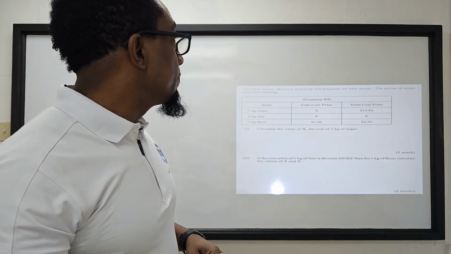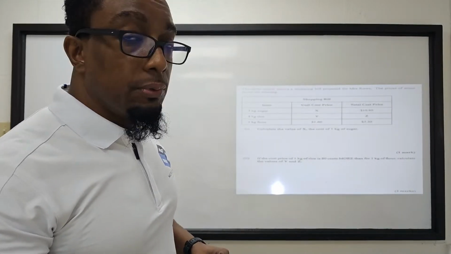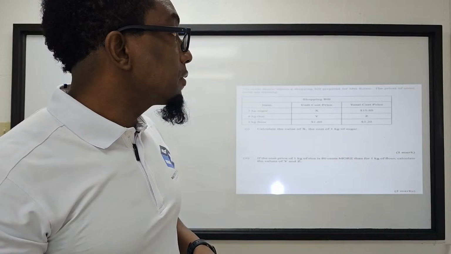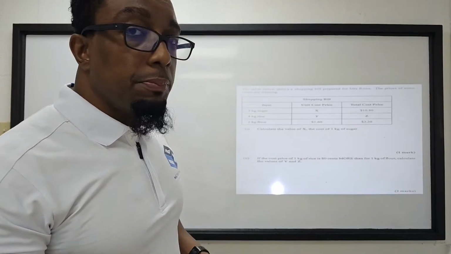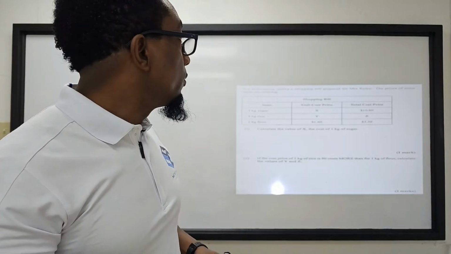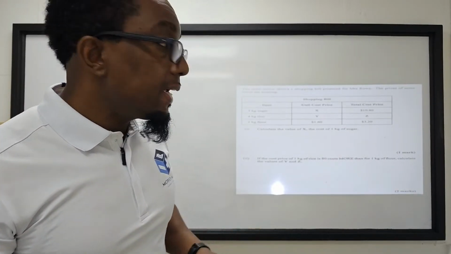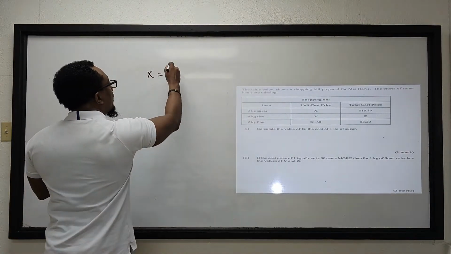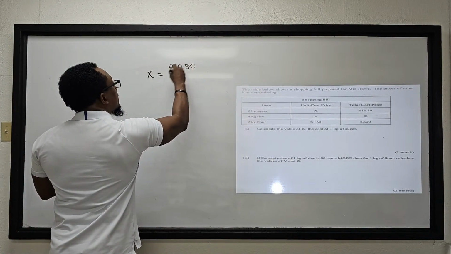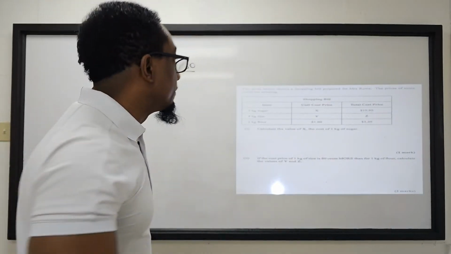So again, the unit cost price of 3 kilograms of sugar, we don't know, we have to find that, but the total cost price is $10.80. So the unit cost price, which is the cost of 1, if you know 3 kilograms is equal to $10.80, then 1 is very easy to find, which is X, will be $10.80 divided by 3.